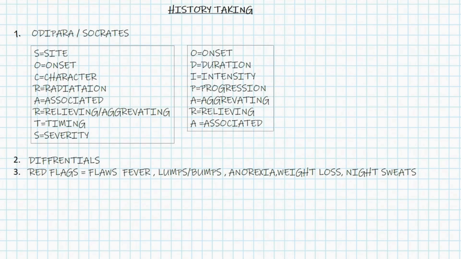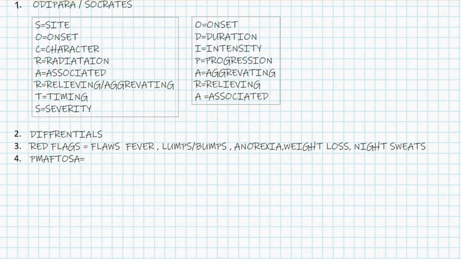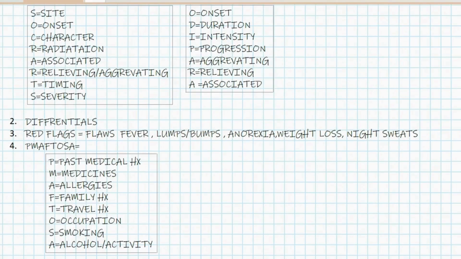A, anorexia, but you will not ask anorexia in those words. You would ask any change in appetite, any loss of appetite. W, any weight loss, and S, any night sweats. Why are red flags important? Because they help you identify serious or life-threatening conditions. And for the examiner, red flags show that you are safe, systematic, and thinking like a doctor.